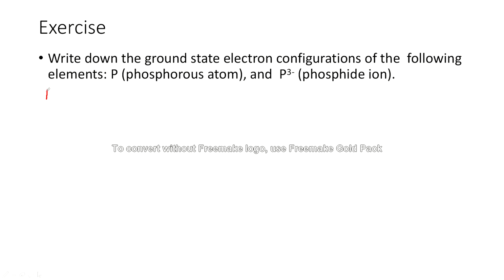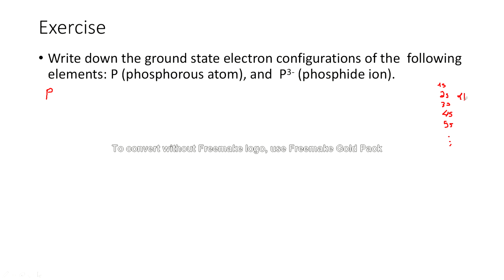Okay, so let's start with P. If you need to know the orbitals, you need 1s, 2s, 3s, 4s, 5s, and so on. I'm not going to continue because of time.